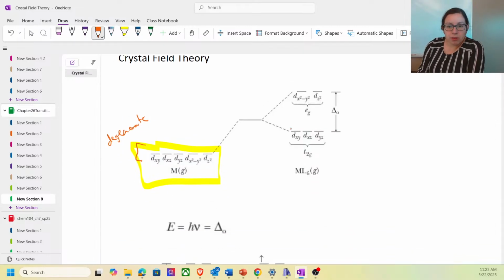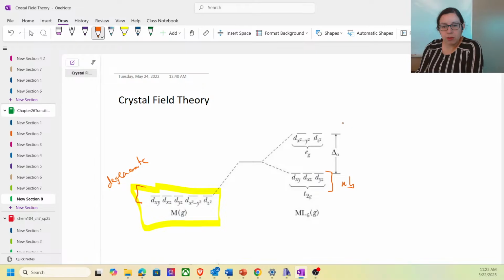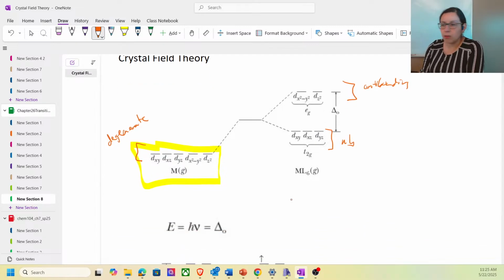And so what I want you guys to appreciate too is why this is split like this. What we're looking at is our non-bonding orbitals down here. And then our bonding ones, because really what we're looking at here is our anti-bonding orbitals that have been pushed up. We have our ligand-centered ones, or maybe not obviously, I shouldn't say obviously. This is complicated stuff here.